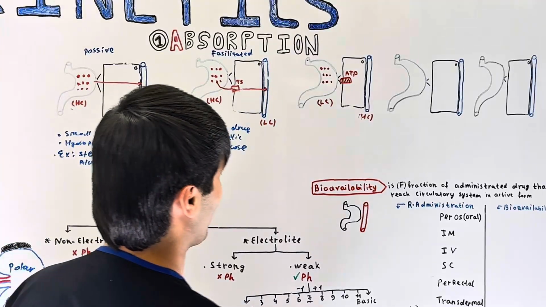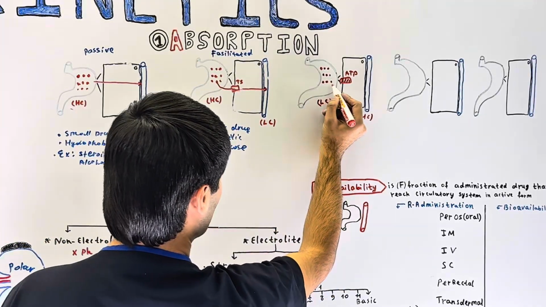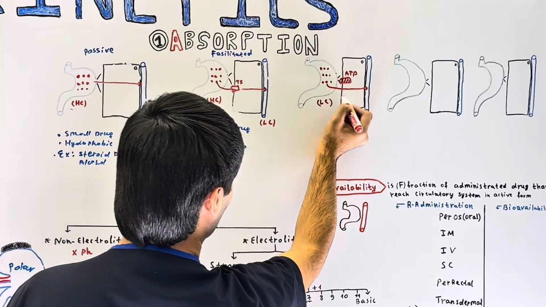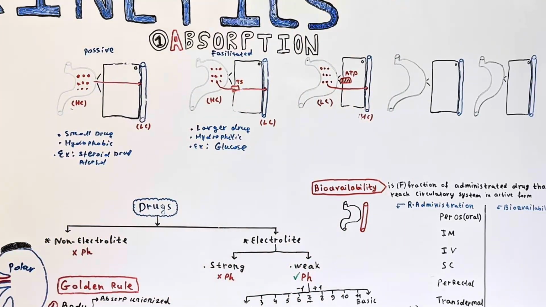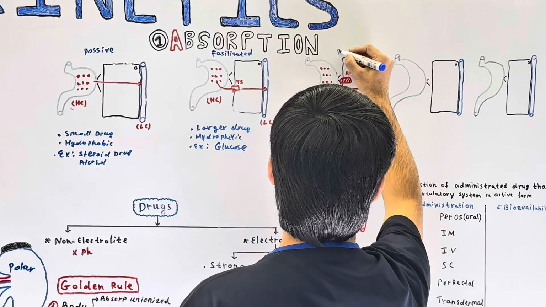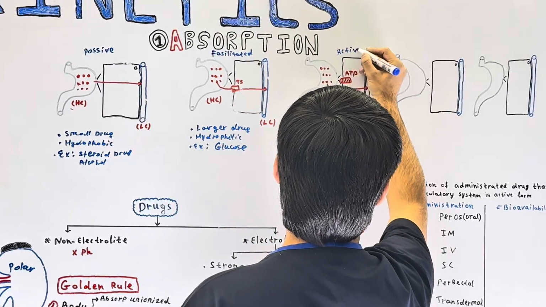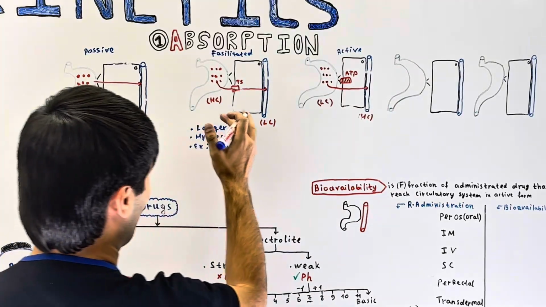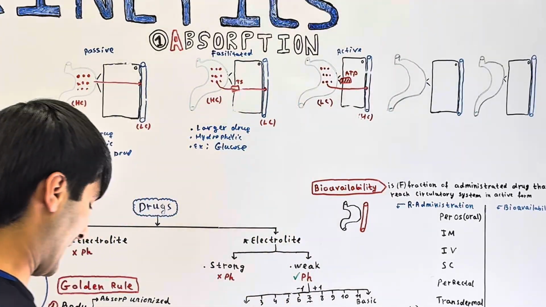So under the action of this energy, the drug can be passed from the site of administration to the blood circulation through this gastric cell. It was the third type of the mechanisms of absorption, which is called the active type of absorption. The first one was passive, the second facilitated, the third is the active one.